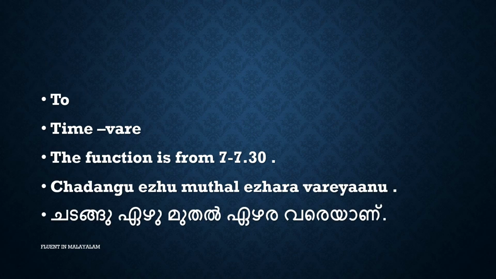And when the preposition to is used to denote time, it uses the word vare in Malayalam. So let's see the example. The function is from 7 to 7:30. ചടങ്ങ് 7 മുതൽ 7:30 വരെയാണ്. ചടങ്ങ് means function. 7 is 7, 7:30 is 7:30.